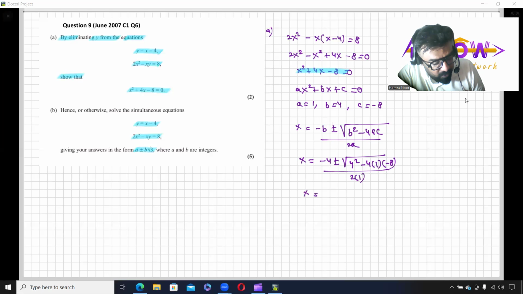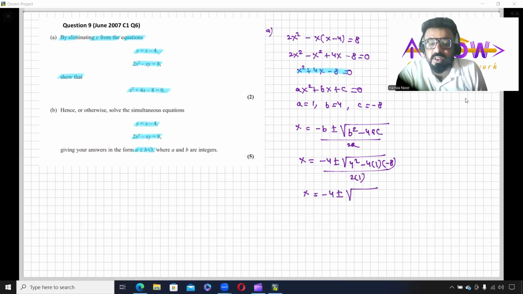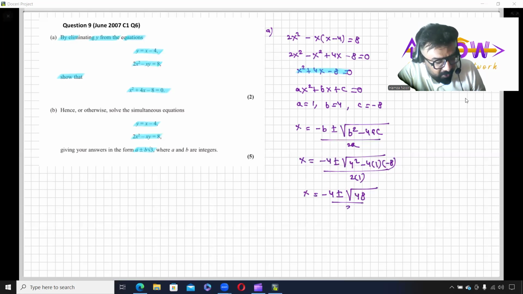So x is equal to minus 4 plus minus the square root of 16 plus 32, which means the square root of 48, divided by 2. In place of the square root of 48, we can write the square root of 16 times the square root of 3. The square root of 16 is 4, so the square root of 48 is 4 root 3.